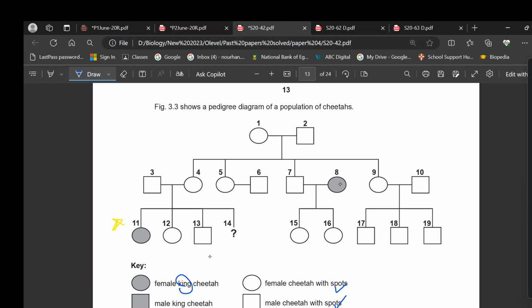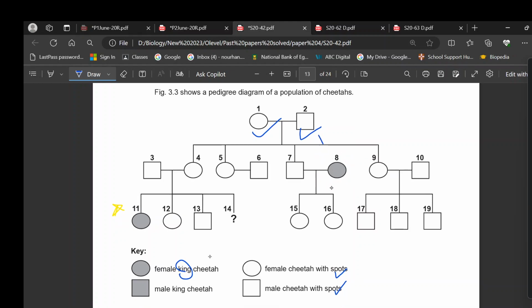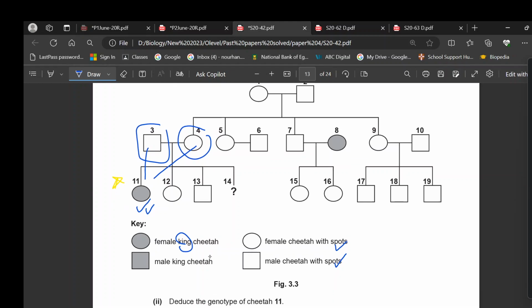Definitely, it is recessive, because as I can see here, the parents are normal but they gave birth to a king cheetah. This means that the parents are carriers for the recessive allele. It was not showing on them, but this baby took the recessive allele from 3 and the recessive allele from 4, and it turned out to be a king cheetah.